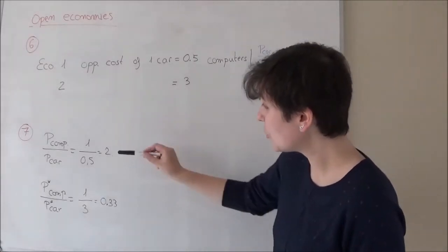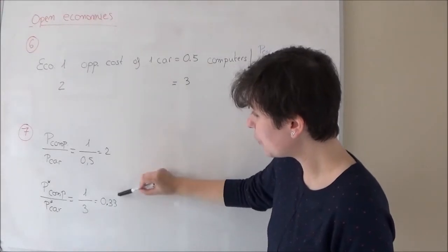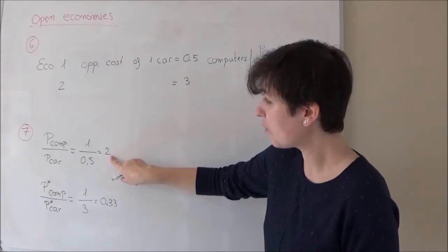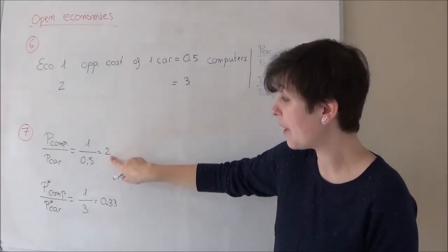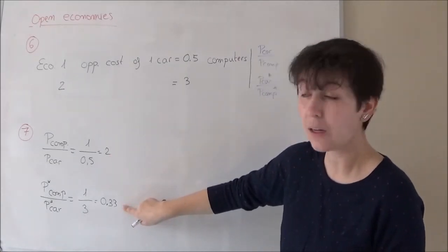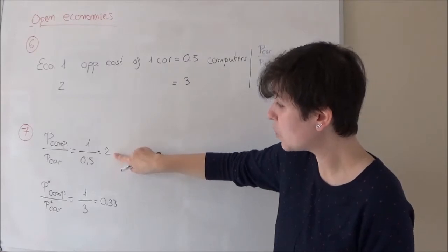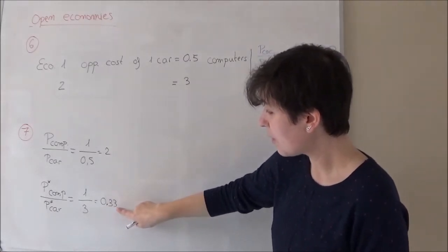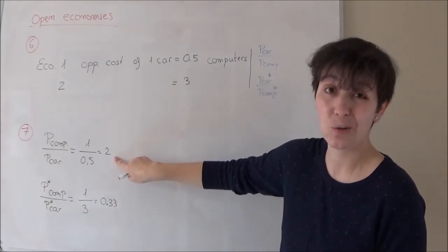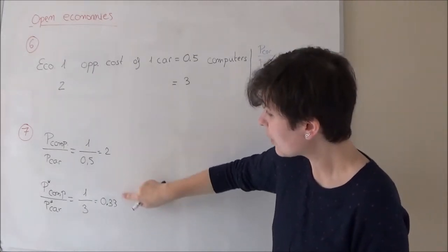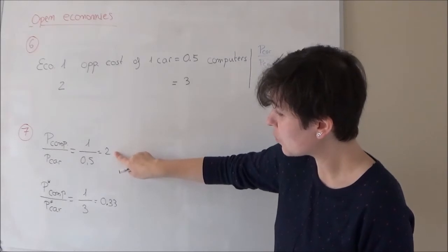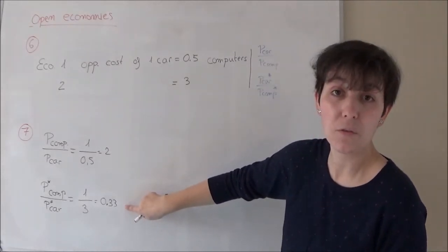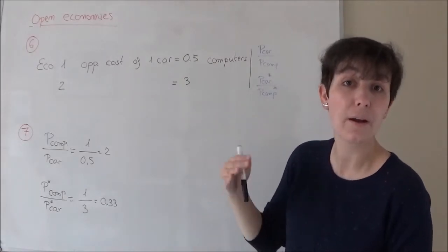As I said, it has to be a value between these two values. How is that? Because you see that here the relative price of a computer is quite big in comparison with this value, so people from here are willing to pay more than 0.33 because they are already paying 2 units. So these people are going to start to buy from here, and these suppliers of computers are going to start to put higher prices.